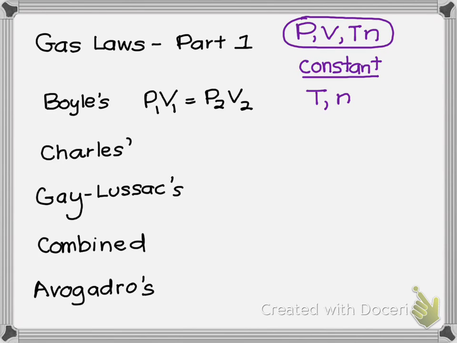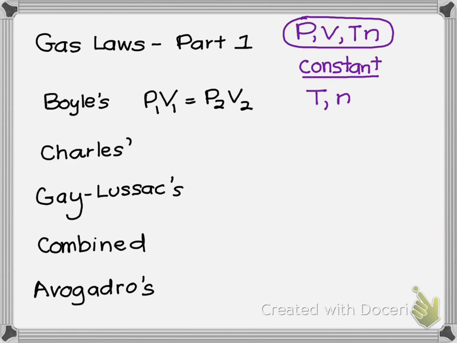And so what you can do is, when you look in the gas law, like Boyle's law uses pressure and volume, well, that means temperature and amount are left out. So the ones that aren't in the gas law have to be held constant. So in this case, temperature and the amount are held constant.